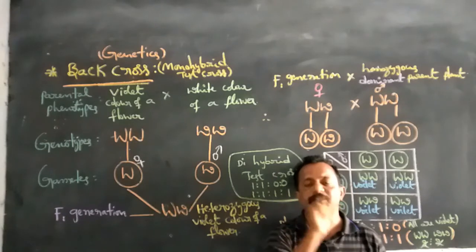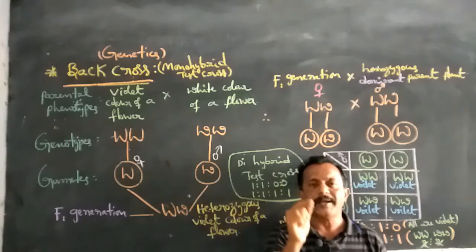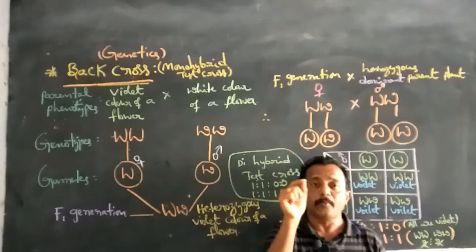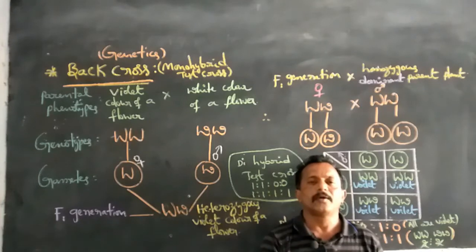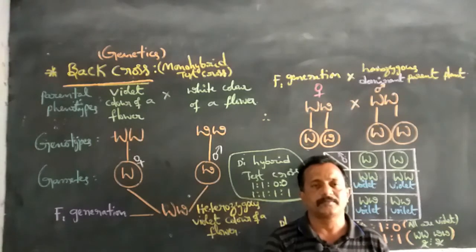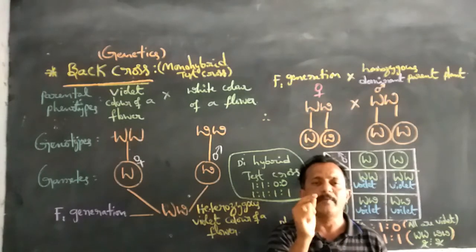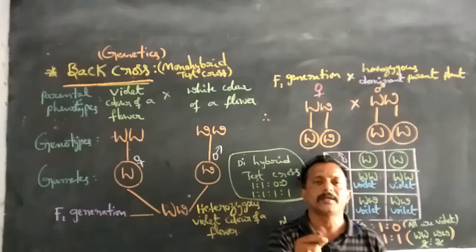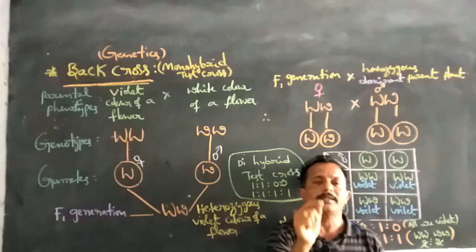This is the difference. Back cross always produces only one parental character in the F1 generation as well as the F2 generation, that is, phenotypically the homozygous dominant parent plant.